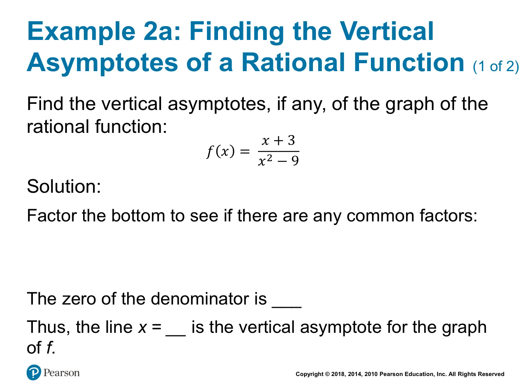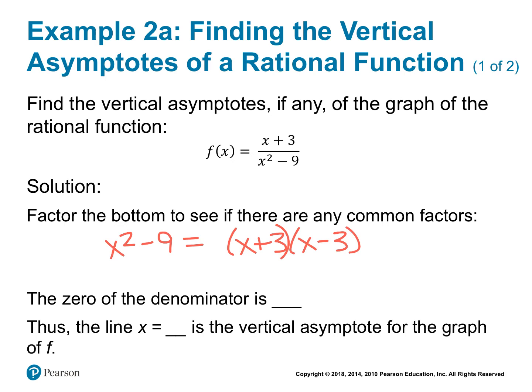Find the vertical asymptotes, if any, of the graph. So sometimes there will not be any. Our first step is to factor the bottom to see if there are any common factors. The bottom was x squared minus 9, which is the same as x plus 3 times x minus 3, because they're two perfect squares.